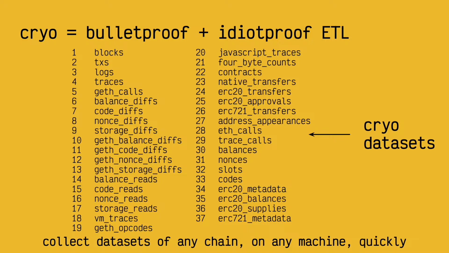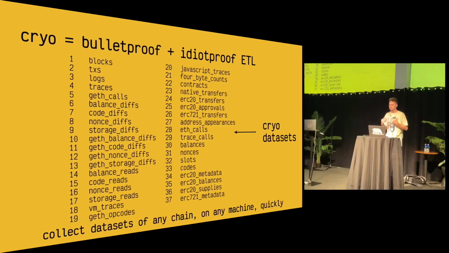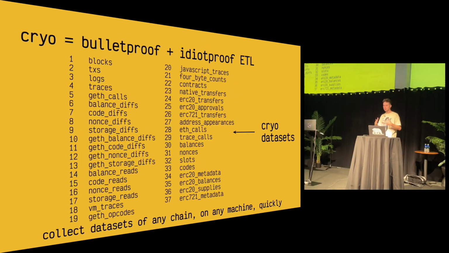It's anything from really simple stuff like blocks, transactions, all the way to more obscure things like JavaScript traces and opcode traces. And when a lot of this data comes raw out of an RPC node, it can be very nested, very messy. CRI-O basically packages it nicely into flat tables that are easy for other tools to consume.